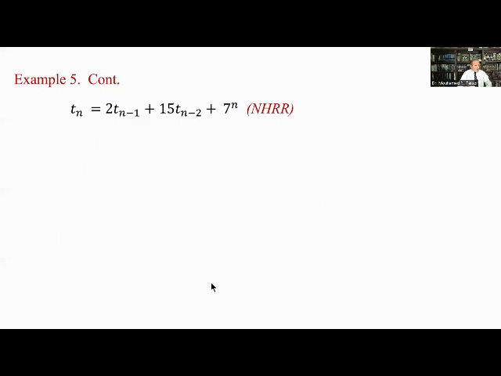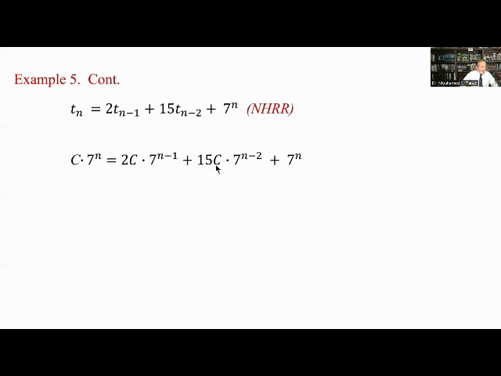So this is the non-homogeneous recurrence relation, and now we are substituting this particular solution in here. Now, I want you to notice that here I have 7 to the n minus 2, this is 7 to the power n, 7 to the power n, 7 to the power n minus 1.